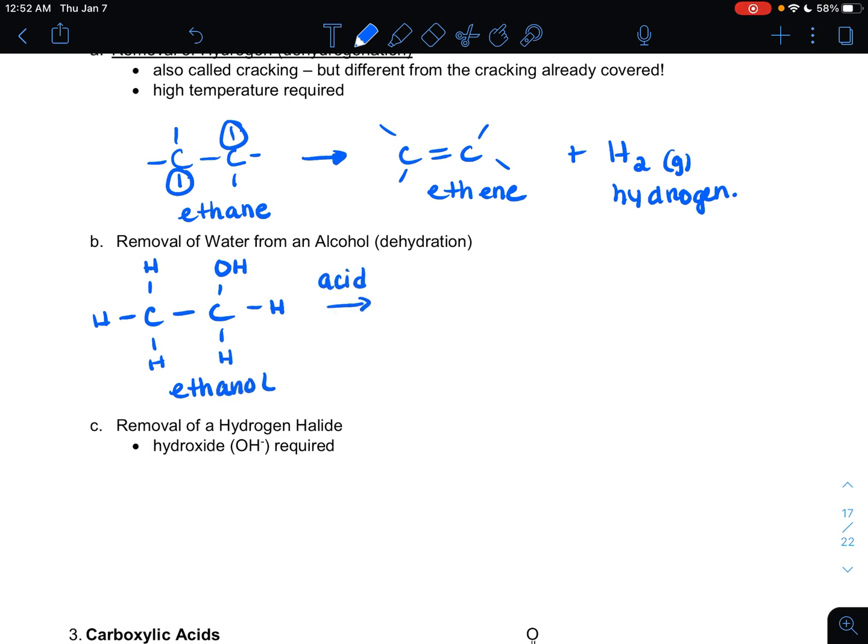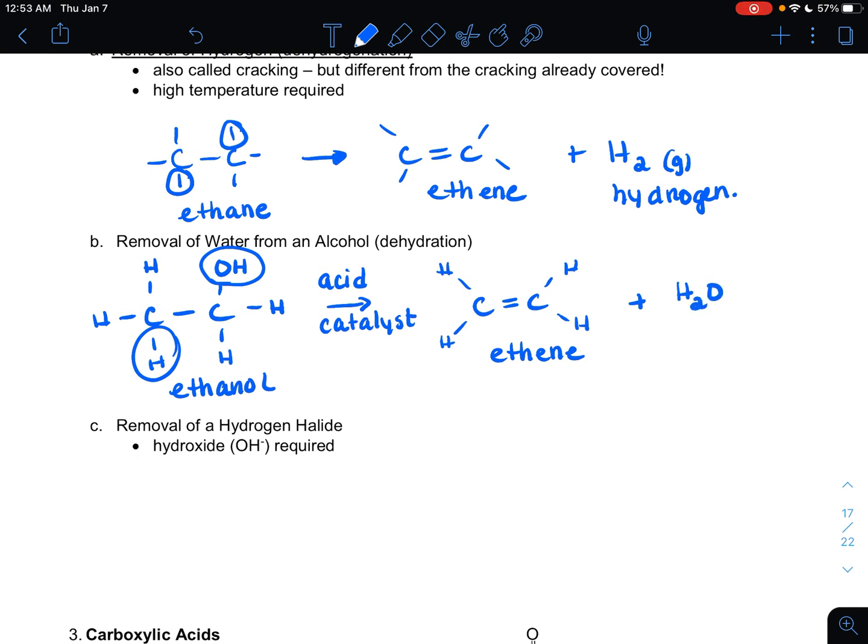Here, by using an acid catalyst, it removes the hydroxyl and a hydrogen from the other carbon, and you end up with the same product as above, ethene. But this happens a lot more easily in the lab. And your other product here is water that you eliminated.